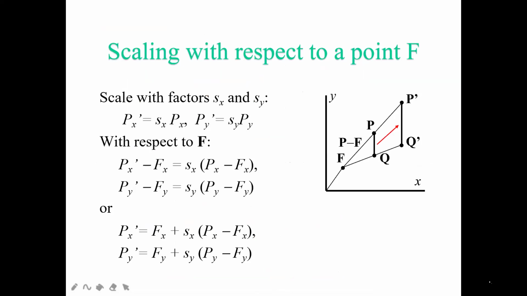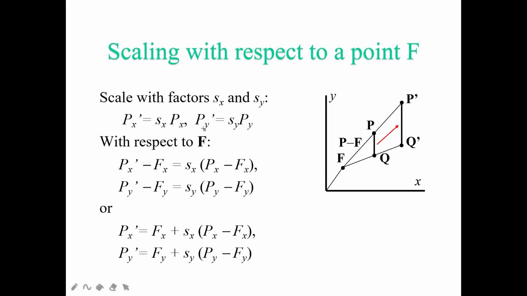Now the same thing, if you want to scale about a fixed point, how are you going to do it? So let's consider this as your fixed point. If I do not consider it as my fixed point, then what will be my new point value? P dash x will be equal to the old value of px multiplied with the scaling factor.